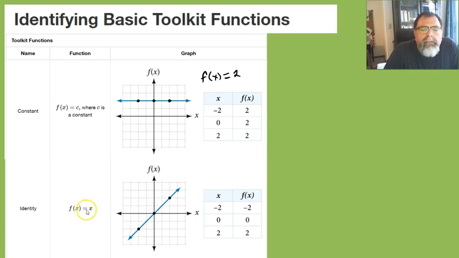So f of x is equal to x, and if you just make a table, for -2 the output's going to be -2. So x, y: 0, 0; 2, 2; 3, 3; 4, 4; -2, -2, and so on. And you draw the line through it.